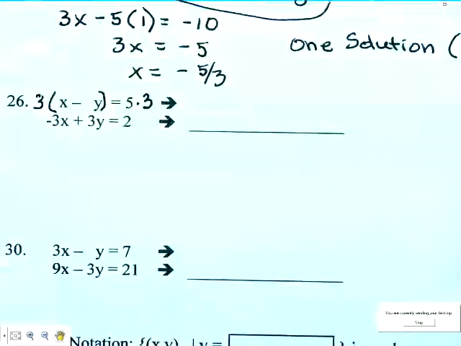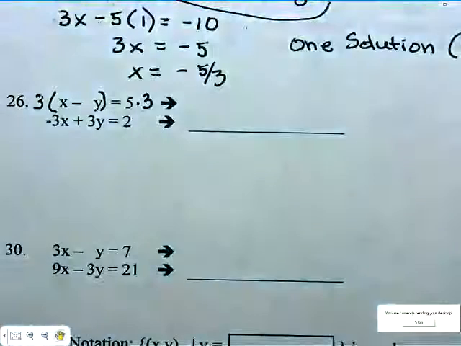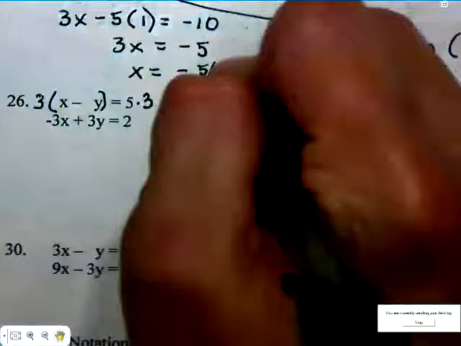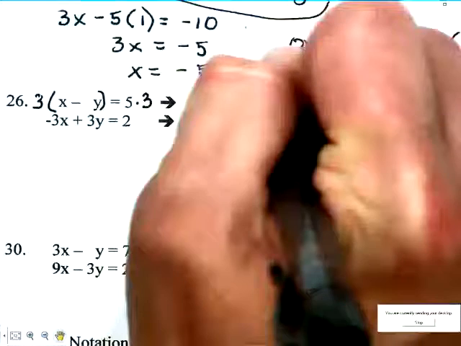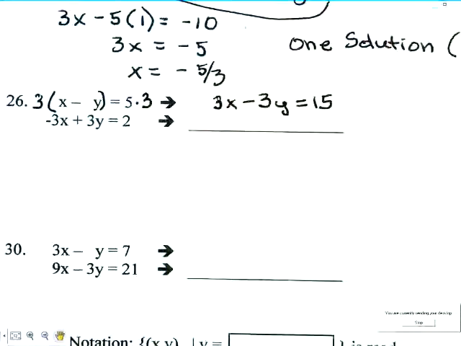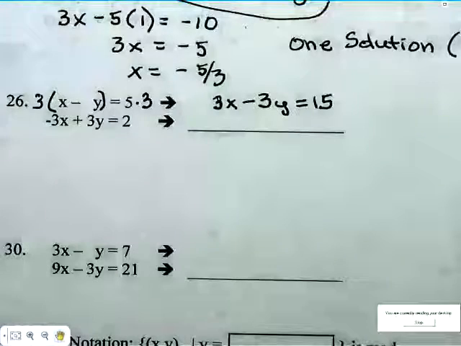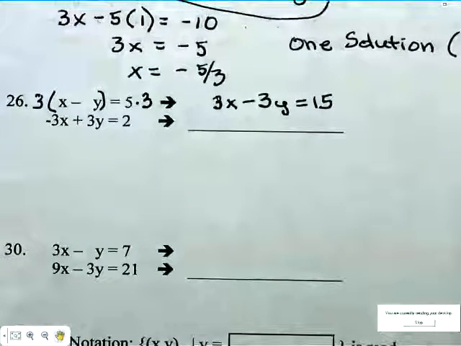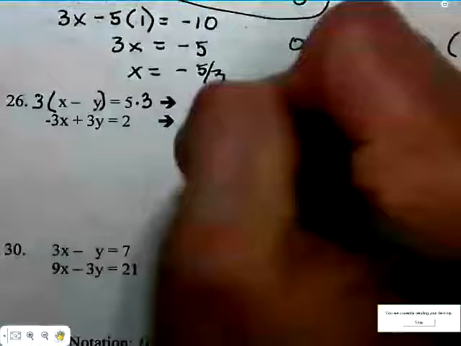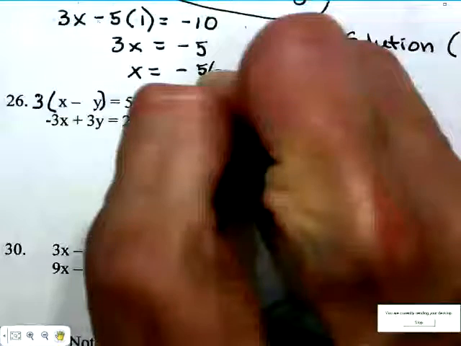Multiply both sides by 3. And my first equation now has become what? 3x minus 3y equals 15. The second equation doesn't have to be multiplied by anything. The coefficient of x was already negative 3.